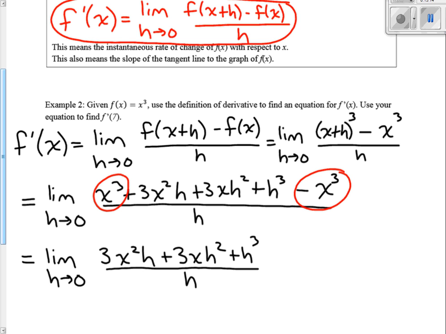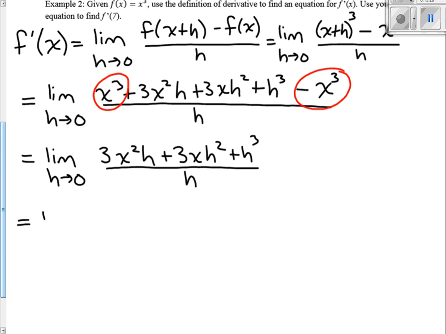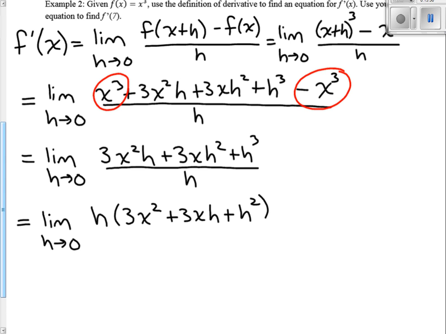So what I actually need to do is look at the top, and I can factor an h out of the top. So I'm going to do that. The limit as h approaches 0. Factor out my h. I'm left with 3x squared plus 3xh plus h squared all over h.